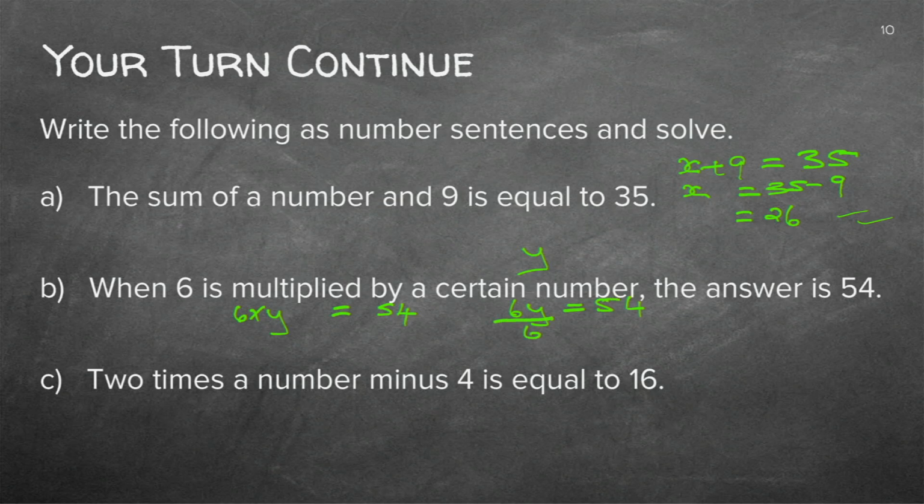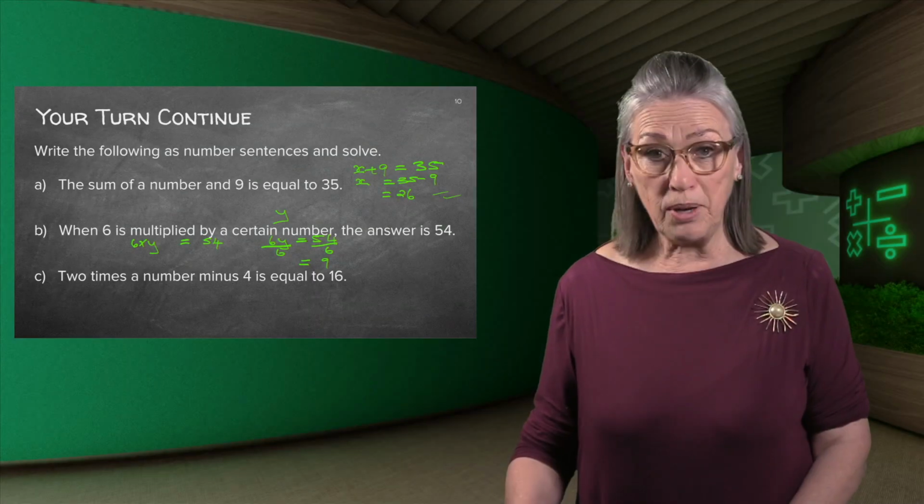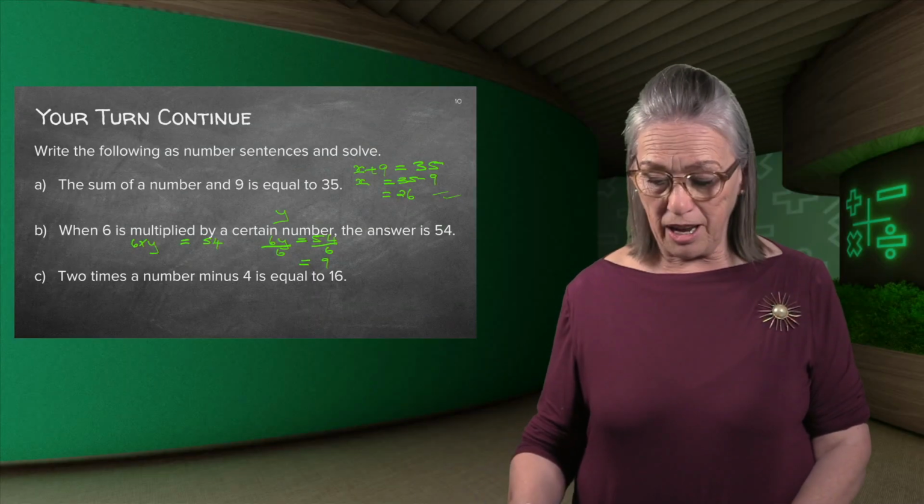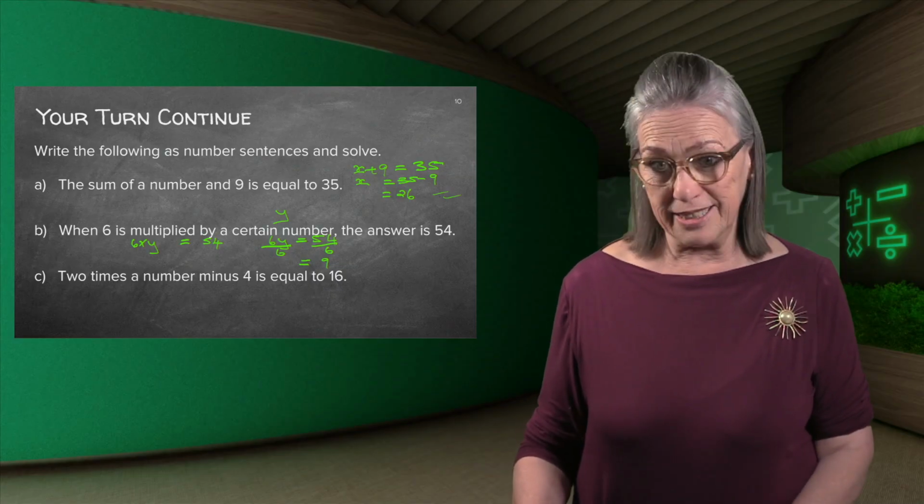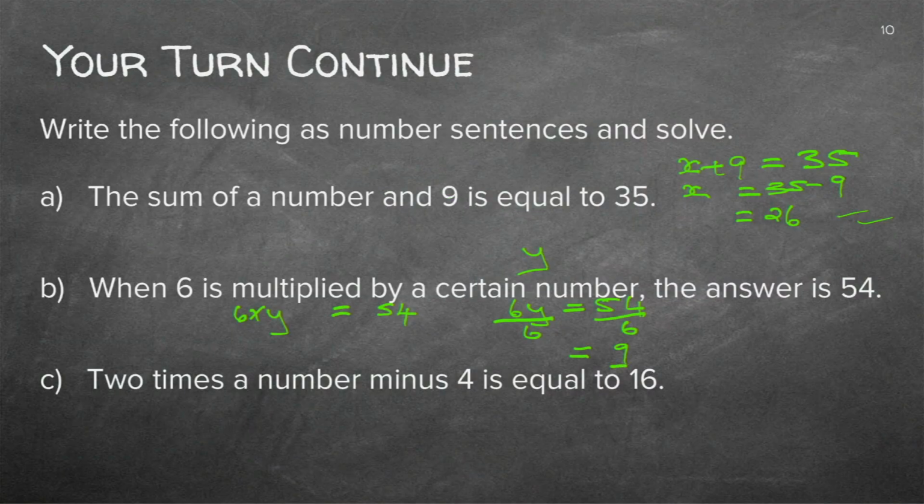In order to get rid of that, we divide by 6. So our answer is 9. But because this is an equation, we've got to check that our answer is correct. If we put 9 in the place of y, 6 times 9 is 54. So it's 54 equals 54. So our answer is correct.